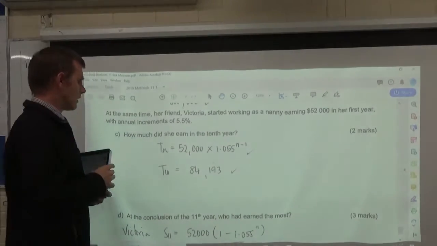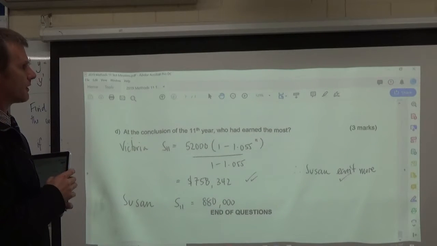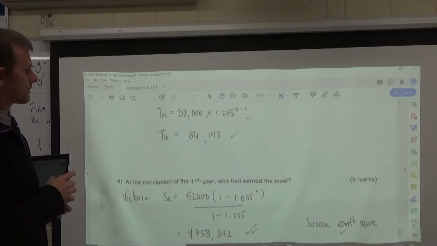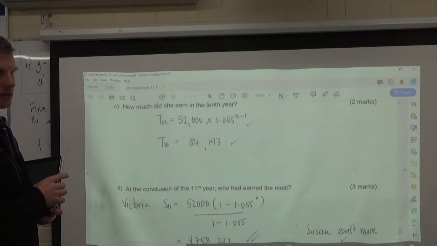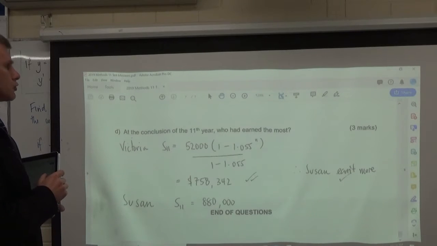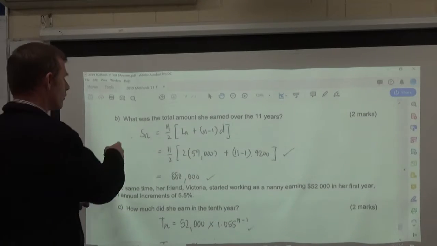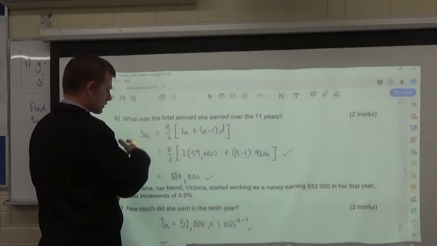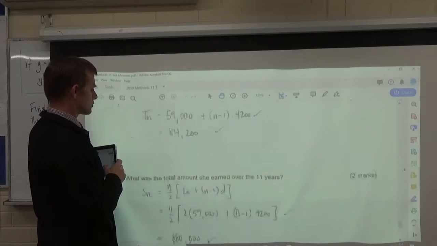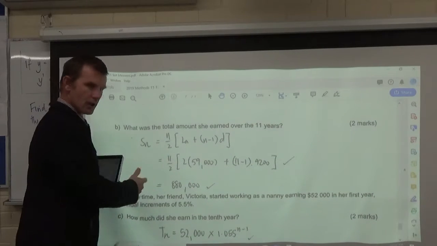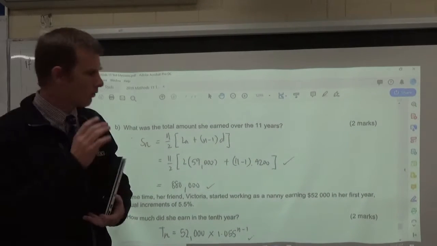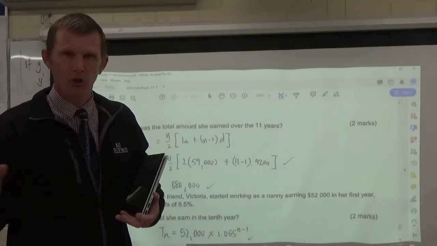There we go. Now then it says at the conclusion of the 11th year, a bit of a trick here, because don't just pull that figure 84, that's not the one you want. At the conclusion of the 11th year, who had earned the most? Well, up here, we already knew what Susan had earned over 11 years. We already know her 11-year total salary.